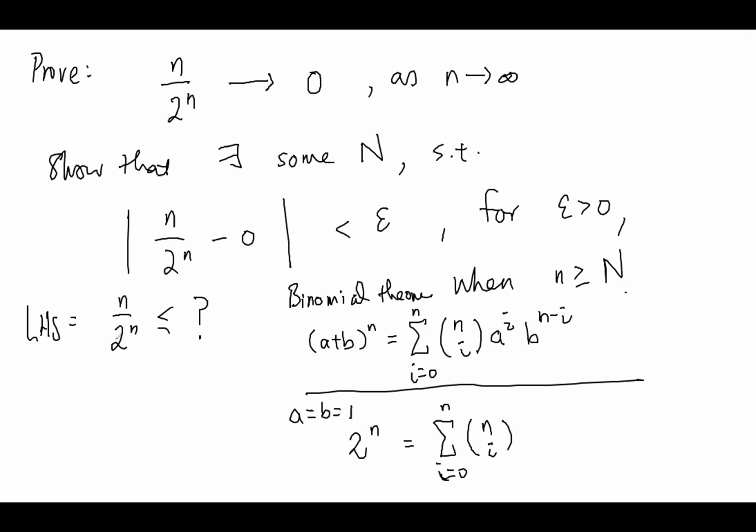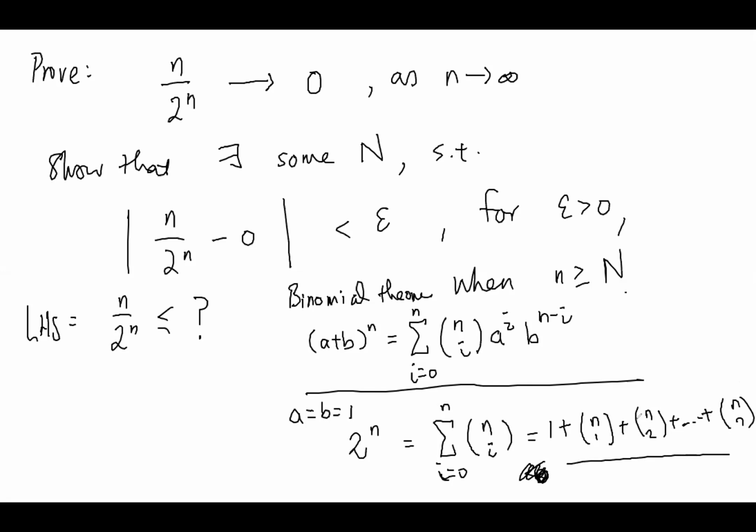All right, now it turns out that this is the part that helps you with the bound. So if you write it down, this will be first 1 plus n choose 1 plus n choose 2 and a whole lot of things, until n choose n, right?